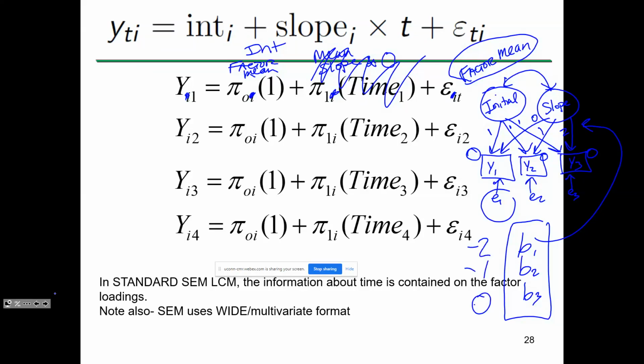And in fact, this is kind of weird, and we'll talk a little bit more about this next time. I think I make you do this on your homework, though. If you have at least 4 time points, you can set things up so that you just constrain the loadings of the first and last time point.